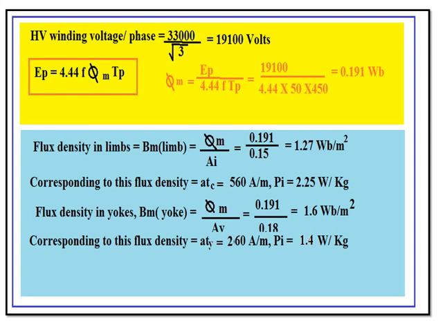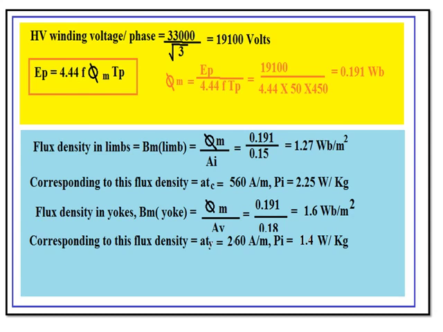So after knowing the flux, you can go for the flux density in limbs, that is the flux density in limbs, given by phi m divided by area of iron, AI. We are getting 1.27 Webers per meter square. After knowing the flux density, we go for the BAT curve and the flux density versus loss per kg curve to get the data.